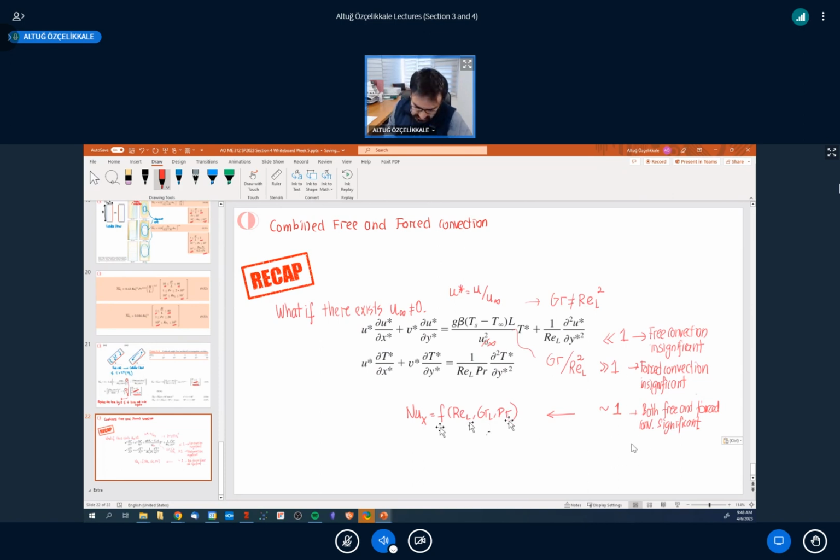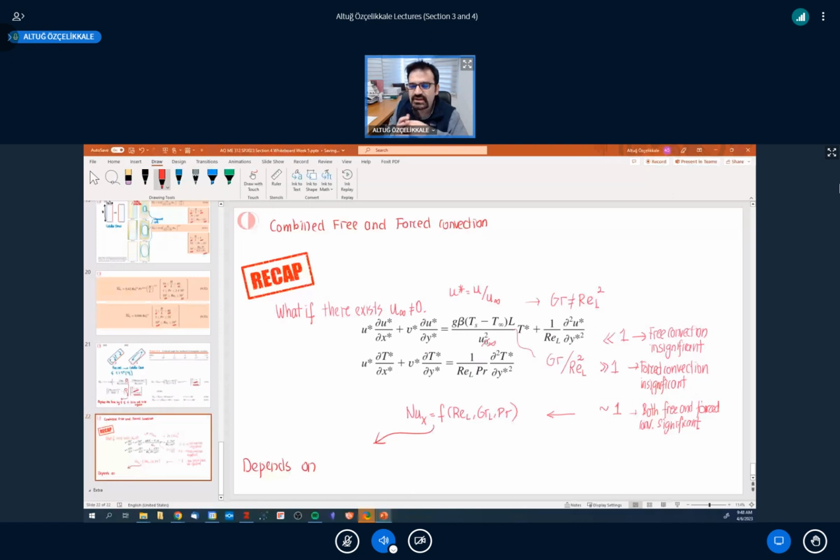And this expression, among other things, is going to depend on the configuration. Like we had this discussion about flow past a cylinder, for instance, right? So how is the wind direction affecting natural convection and so on?